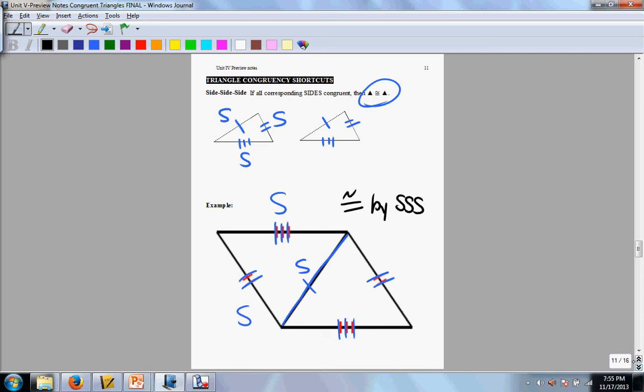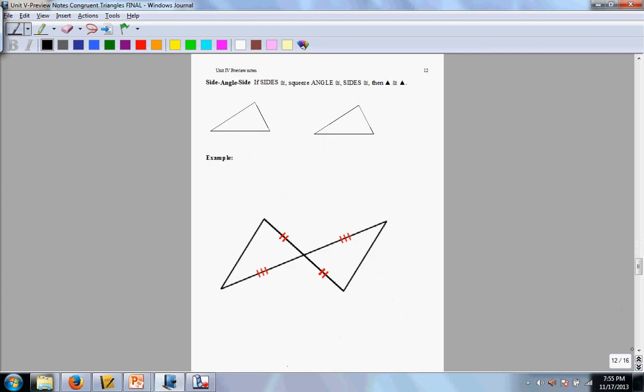The second shortcut is side angle side. It says if we have a pair of congruent sides, a squeezed angle, then another pair of sides, the triangles are congruent. Let me give you an example. If these sides were equal, hatch mark, put an S. Sweep the angles.